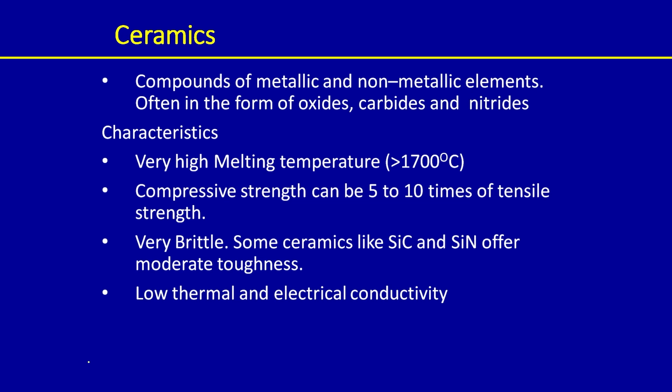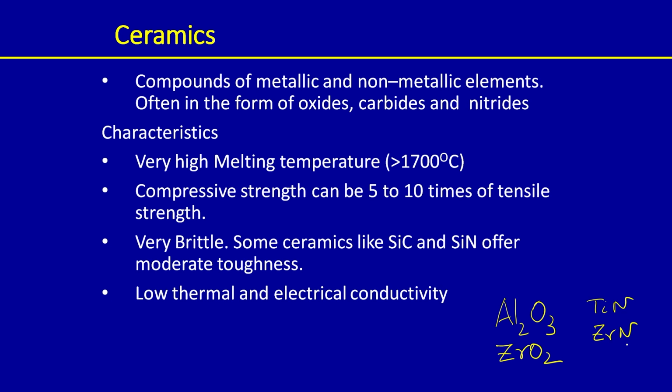All of you should know that this is the formula of alumina, a compound between oxygen and aluminum. Zirconium oxide, zirconia, is a compound between zirconium and oxygen. You can also have titanium nitride, a compound between titanium and nitrogen, or zirconium nitride.